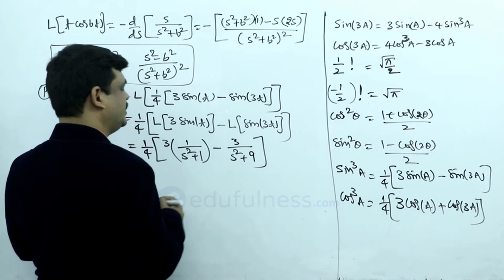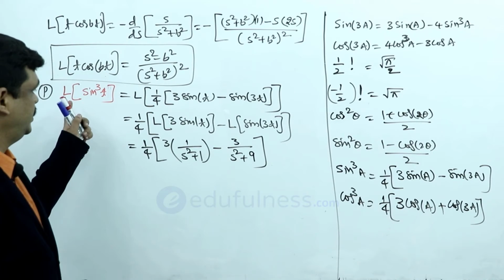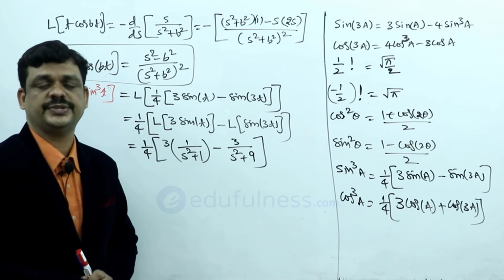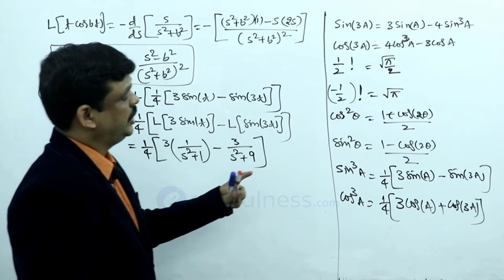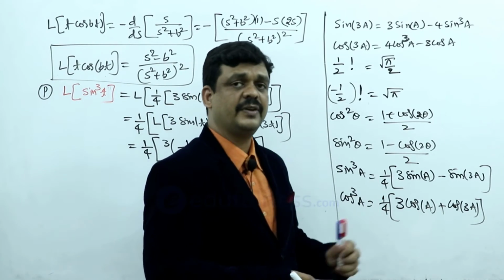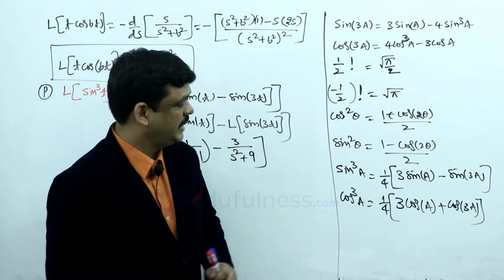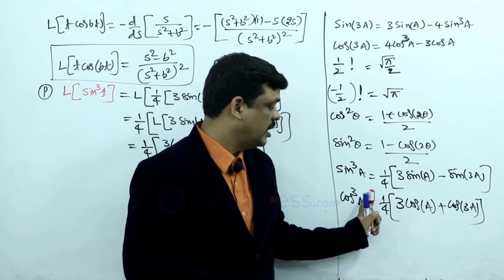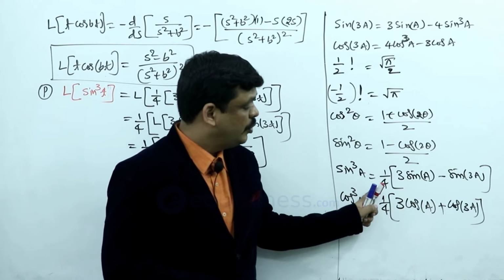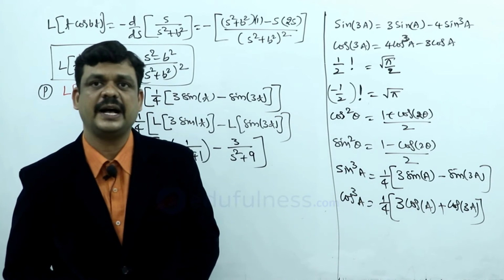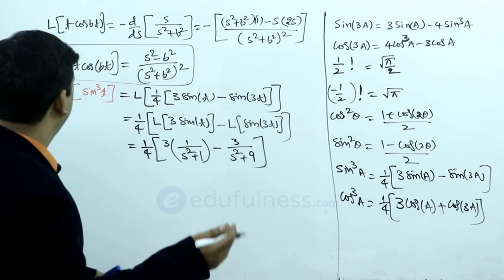So just simplify this, then write the answer. So this comes under sine cube functions. Whenever cubic functions are there, use these equations. Please remember these equations. Sine cube a is 1 by 4 into 3 sine a minus sine 3a. Cos cube a is 1 by 4 into 3 cos a plus cos 3a, right?